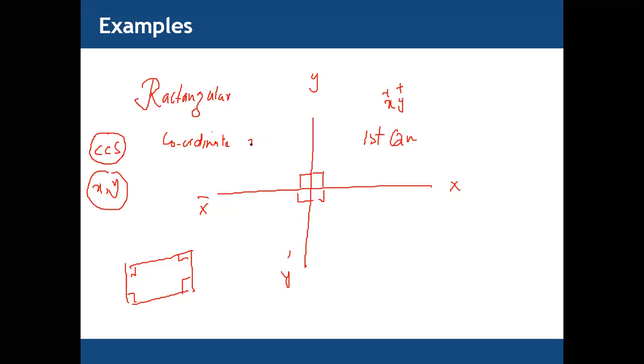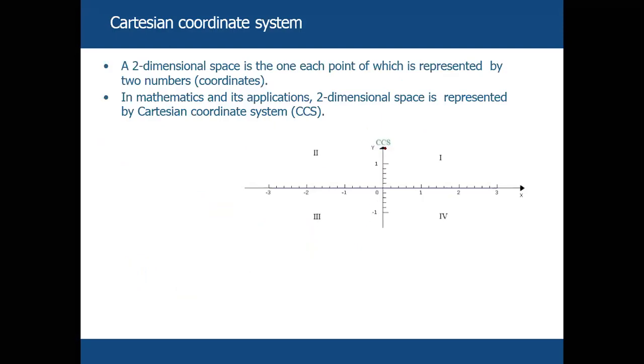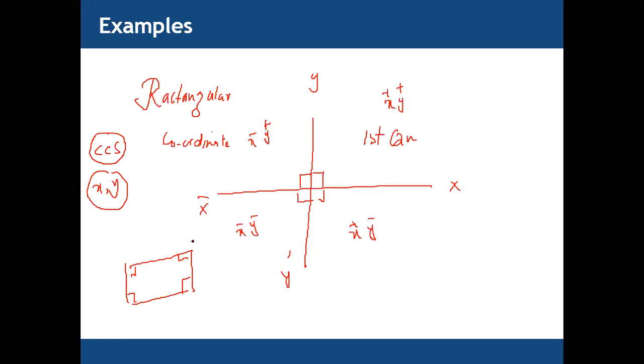In the second quadrant, X is negative, Y is positive. In the third quadrant, both are negative. And in the fourth quadrant, X is positive but Y is negative. So how can we specify a point in two-dimensional space? We need two numbers.